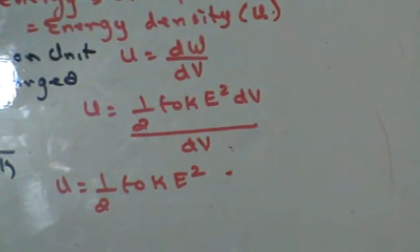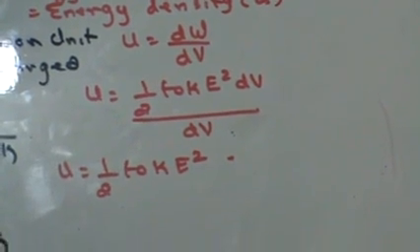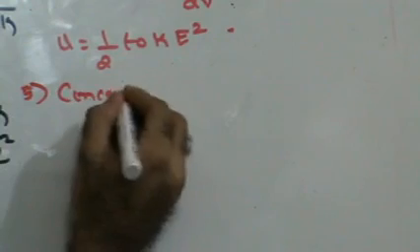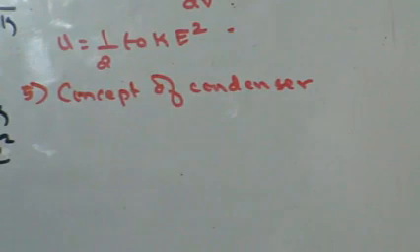So that is going to be the energy that is going to be stored due to the charge in the conductor. Next, let's understand what is the concept of a condenser. Now, every conductor has a definite capacity to hold a charge. The ability of a conductor to hold a charge is called the capacity of the conductor.